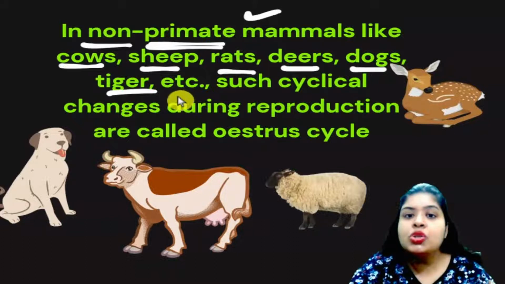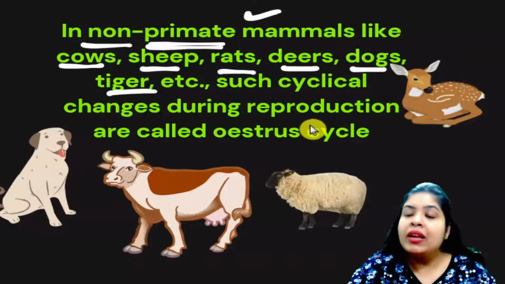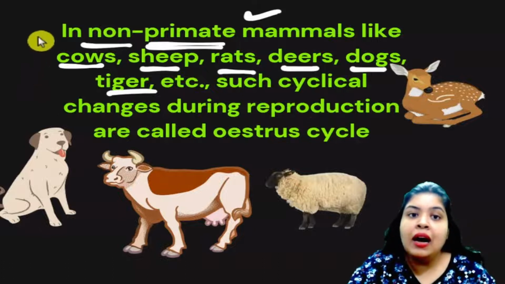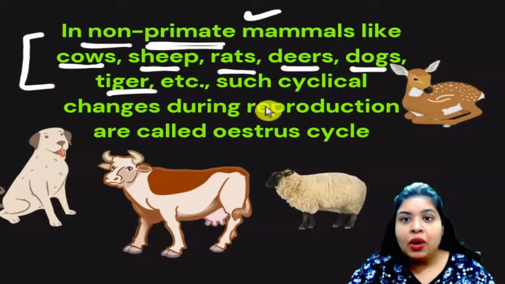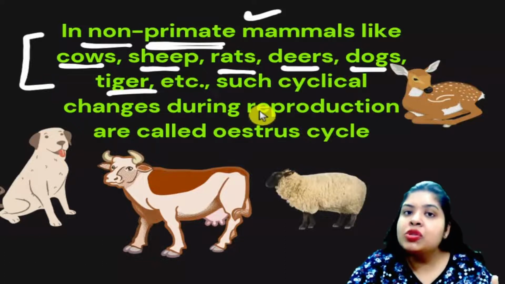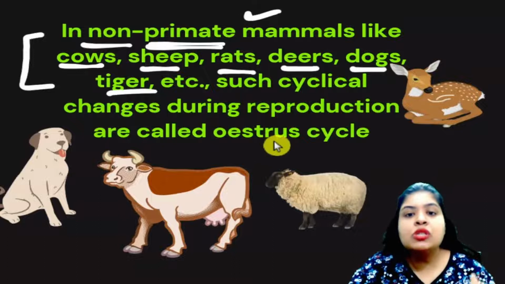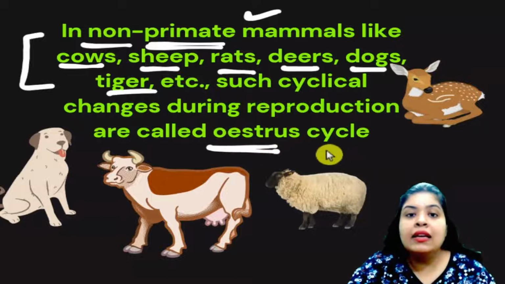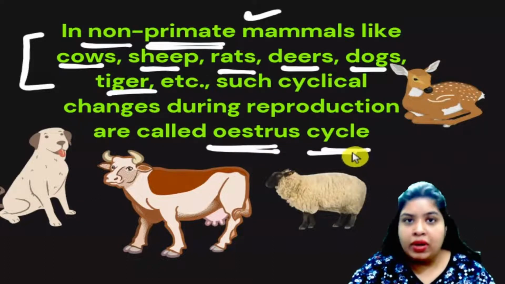So they are showing some cyclical changes which happen during reproduction. Fine. So they have a heat period, which is the period during which they indulge in sexual intercourse. So this is what you call the Oestrous cycle in non-primate organisms.